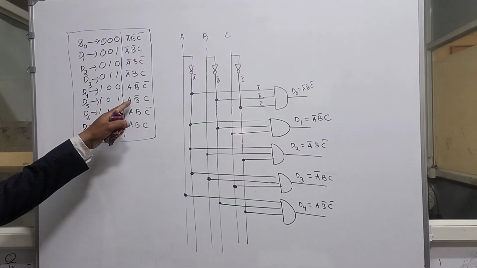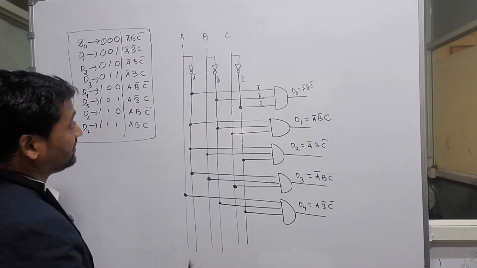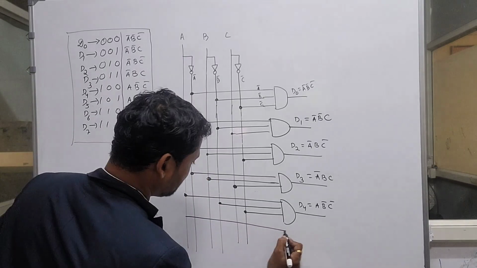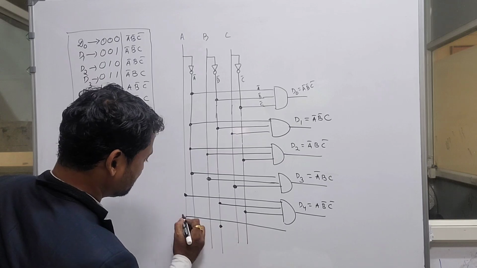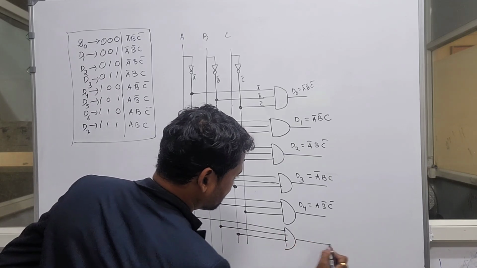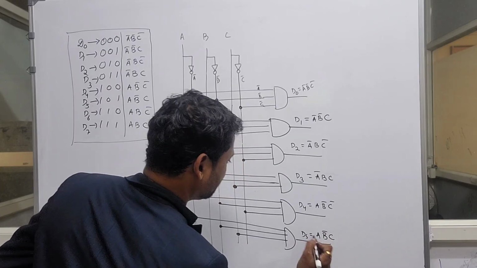D5 क्या है? A, B bar, C. ये तो A, B bar, C, मतलब A, what is B bar? B bar, and this is C. So A, B bar, C. It is your D5.